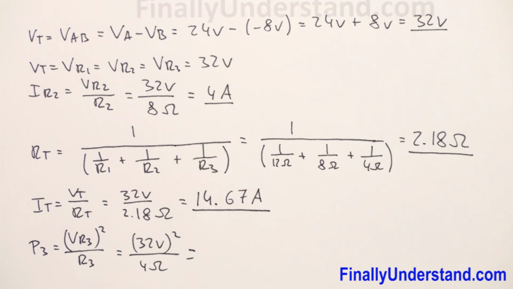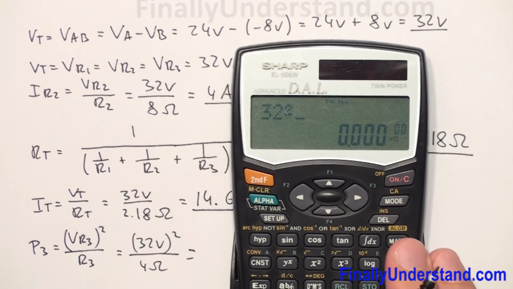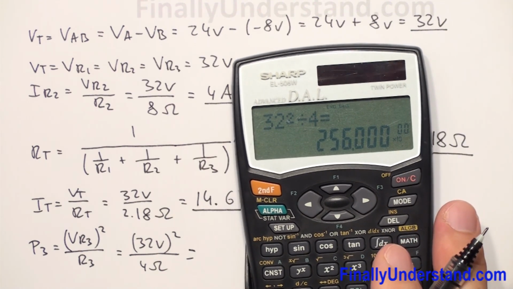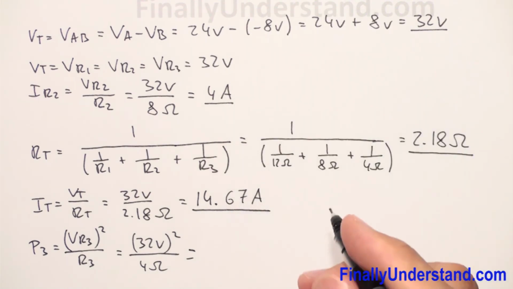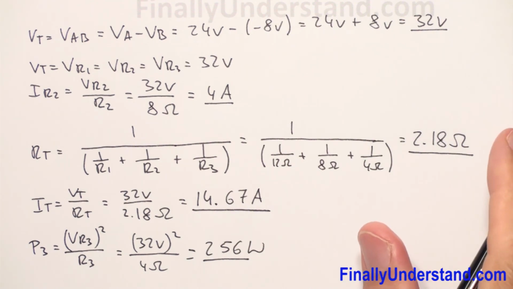So this is equal to 32 to the second power divided by 4, which equals 256 watts.